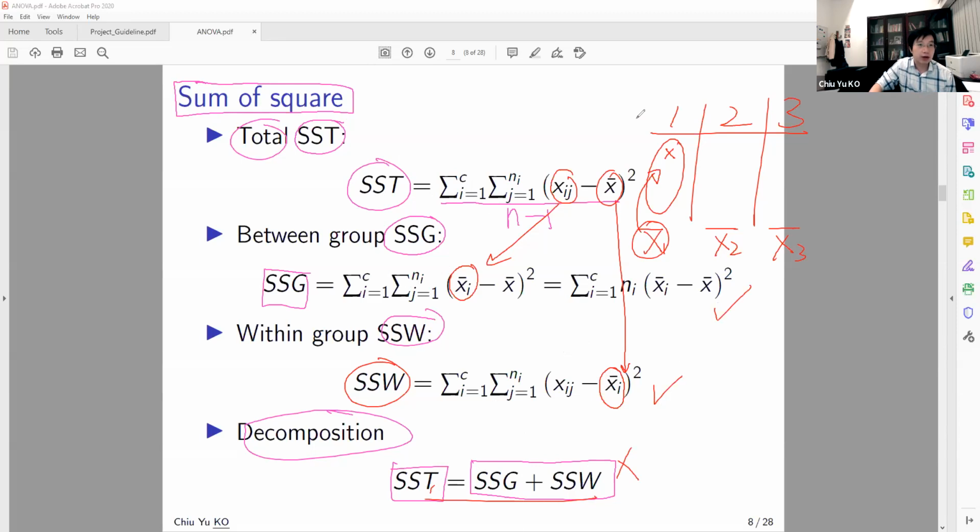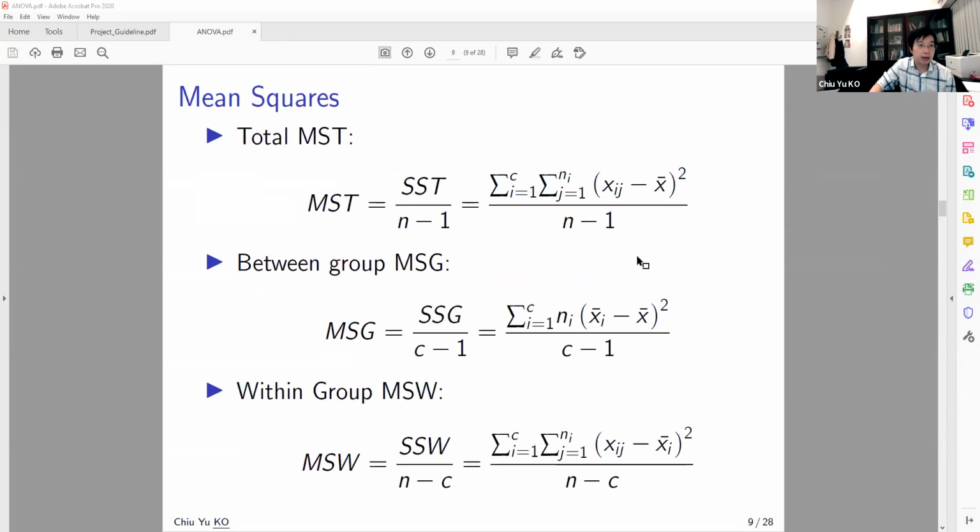Very quickly, as we hinted, for mean squares you divide SST by n-1, MSG is SSG divided by number of groups minus 1, and MSW is SSW divided by n minus C. We don't explain why this is true now. We will be more clear when we do the proof.